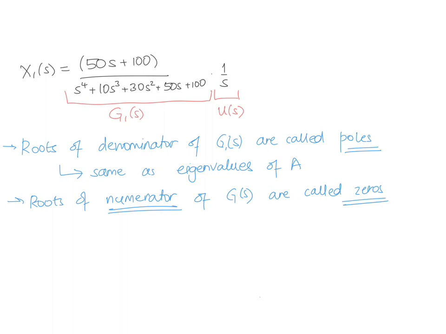Now the other thing that happens is, because our numerator has an s in it, in the partial fraction expansion, let me just write out the partial fraction expansion one more time over here. So this will look like something along the lines of C1 over s plus C2 over s plus 5.8 or whatever that was, 5.803 I think, plus C4 over s plus 3.884 plus the second order term.